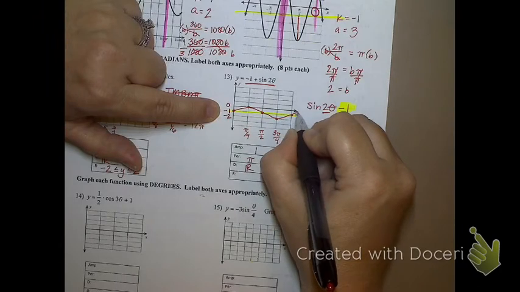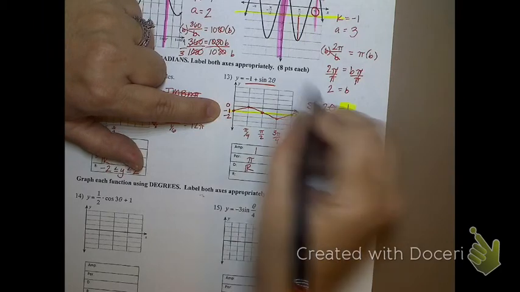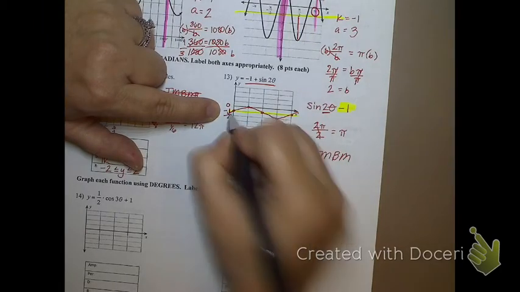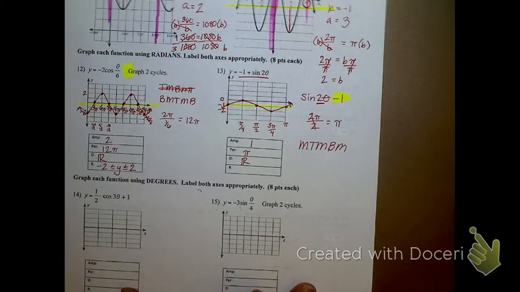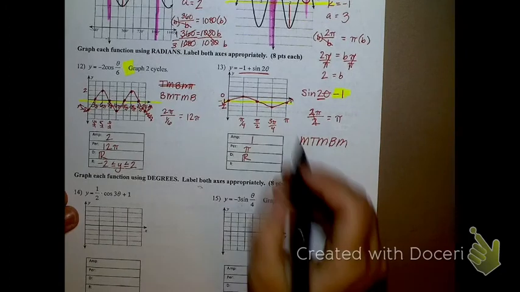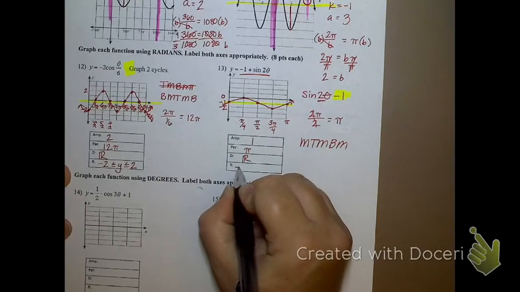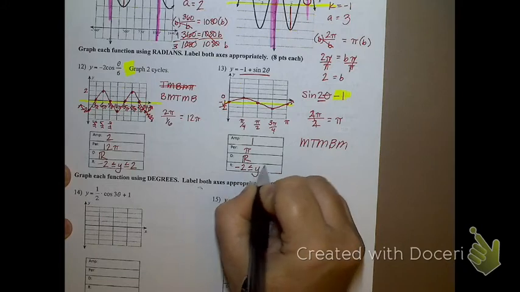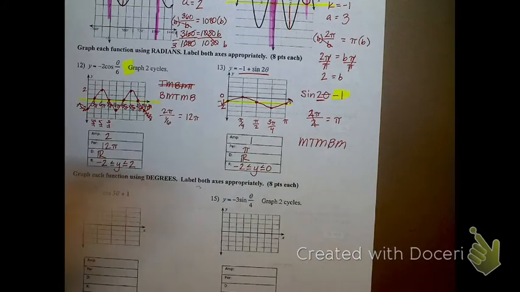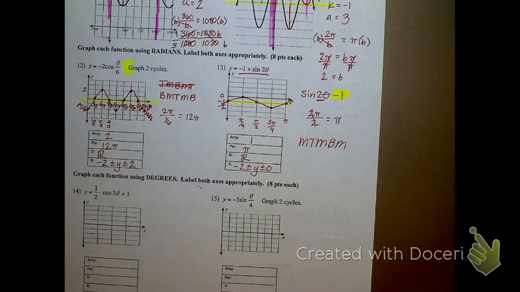Because it's still got to go up a little bit to get to the next top. And this one's got to go down a little bit to get to the next bottom. Excuse me. What's my range? -2 is less than or equal to y, less than or equal to 0. Yes, those always have to be in order from least to greatest.